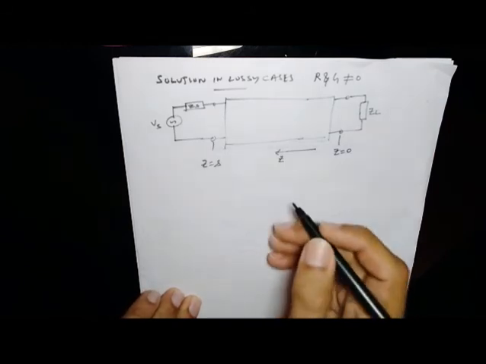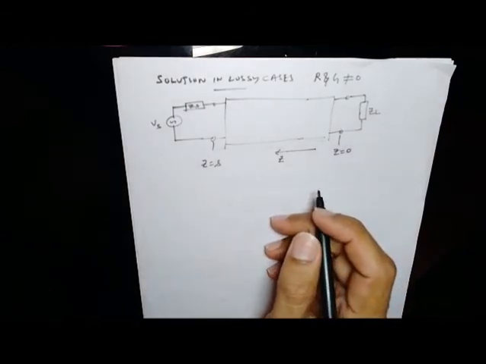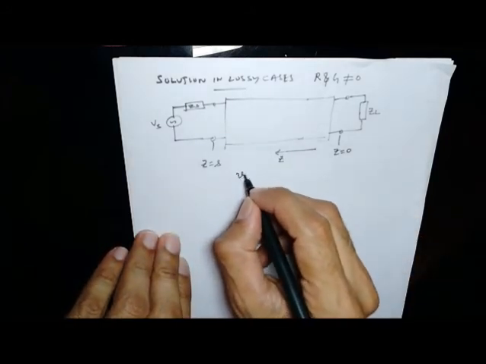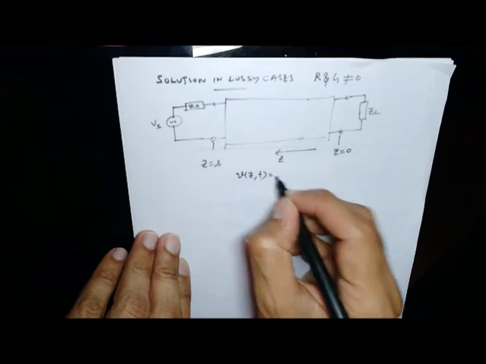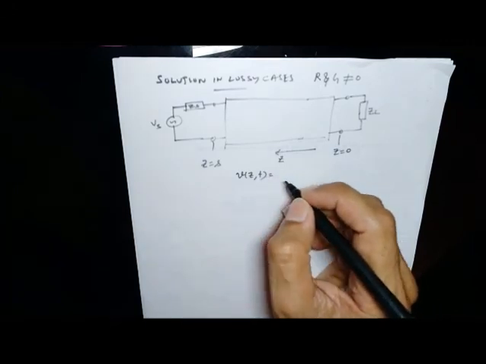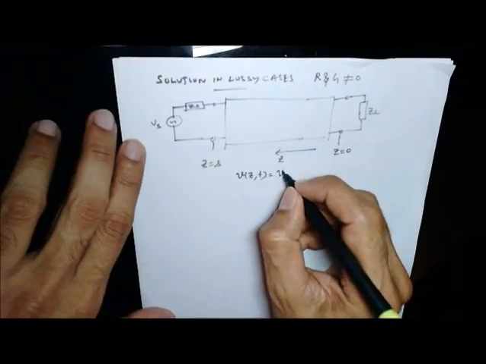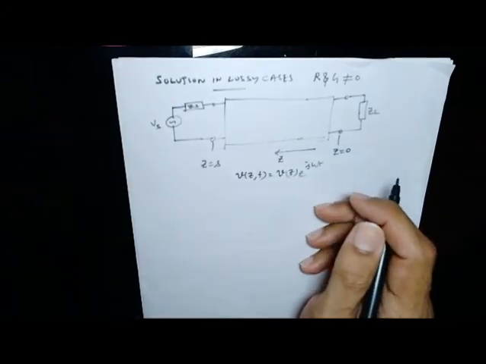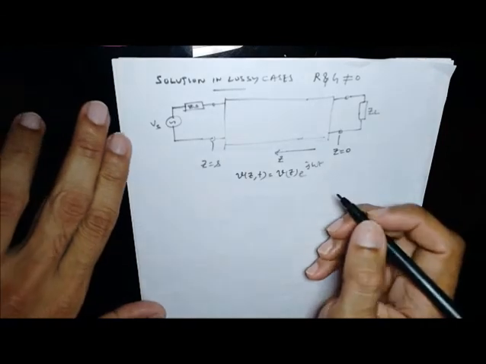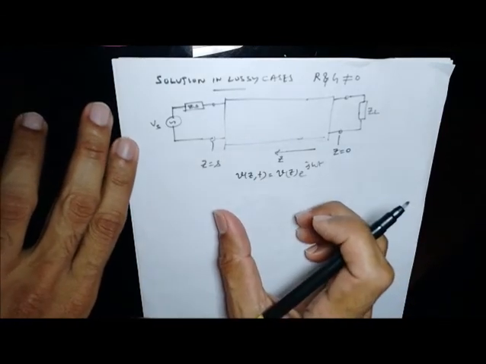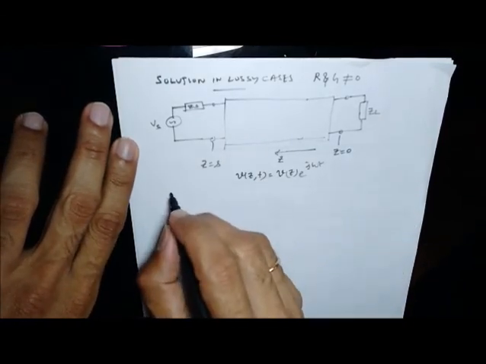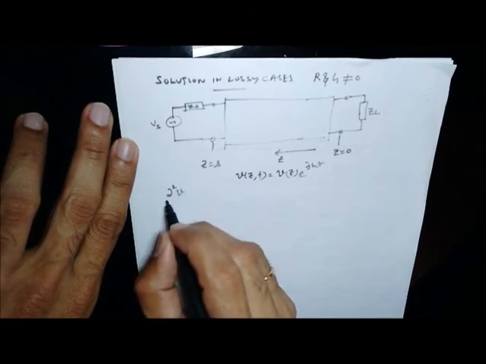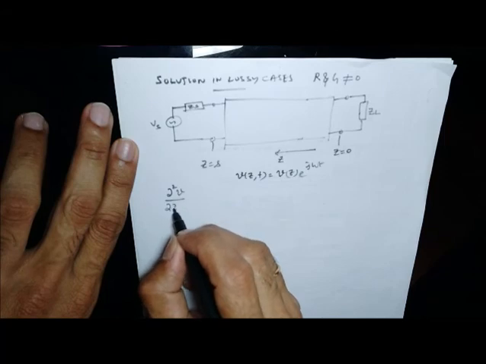Now we consider the transmission line equation and we make the substitution V(z,t). Again, we assume a complex exponential notation. V(z,t) is V(z) e power j omega t. Time variation is sinusoidal. We make this substitution in the transmission line equation, and I take the voltage equation. The current equation is identical.